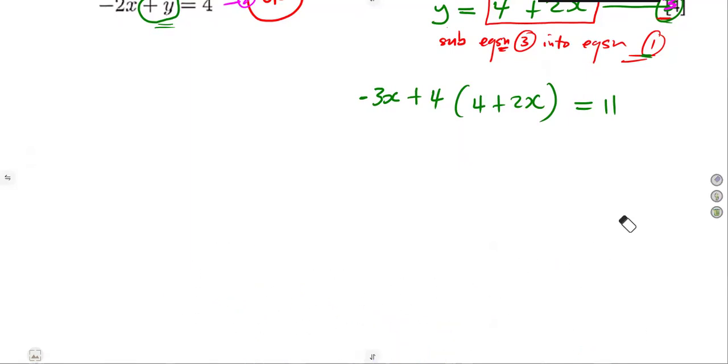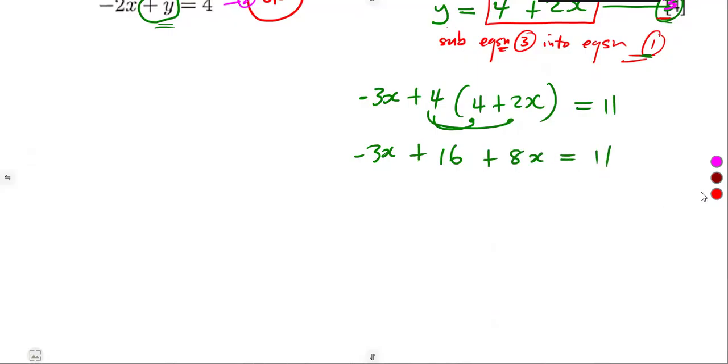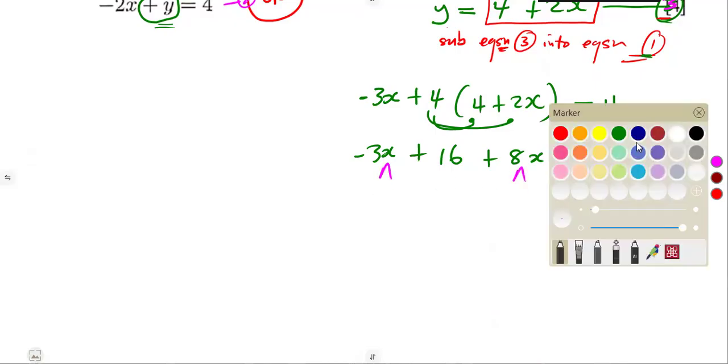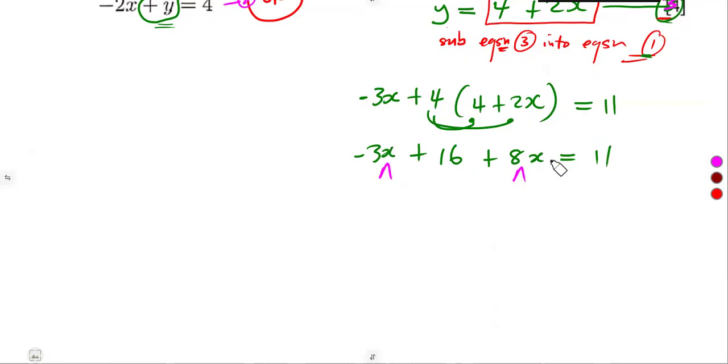Expand brackets, collect like terms. Negative 3x. So distribute by 4. 4 times 4, that's positive 16. 4 and 2, that's positive 8. Positive 8x, which is equal to 11. Then we've got like terms, the negative 3x and the 8x. So negative 3 plus 8 was going to give us 5x plus 16, which is equivalent to 11.